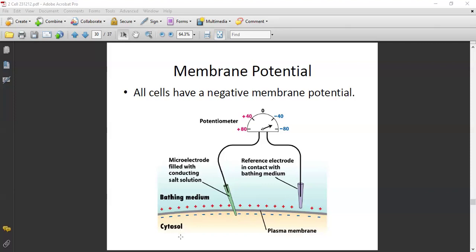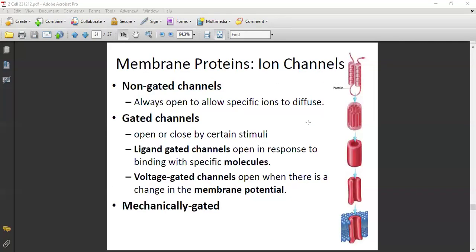The membrane potential of this cell we measure is inside, and we will always get a negative number, a negative membrane potential. And every cell has it. Every cell has a negative membrane potential.